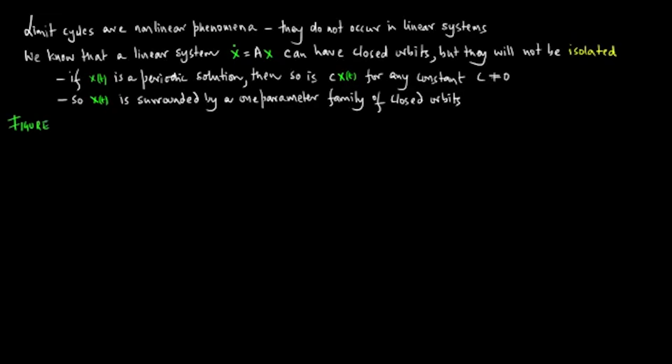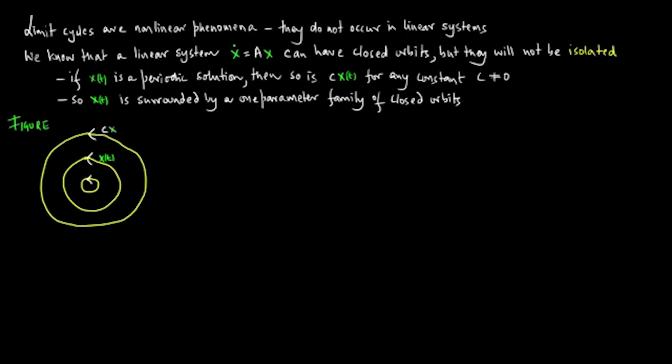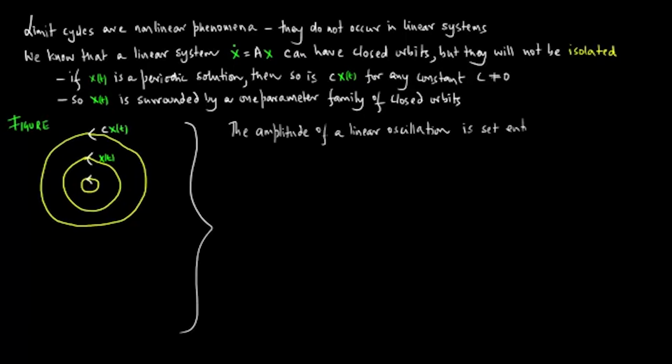So now let's visualize this through a figure. We have a closed orbit, we have another closed orbit x of t, and we have another closed orbit c times x of t. So the amplitude of a linear oscillation is set entirely by its initial conditions.